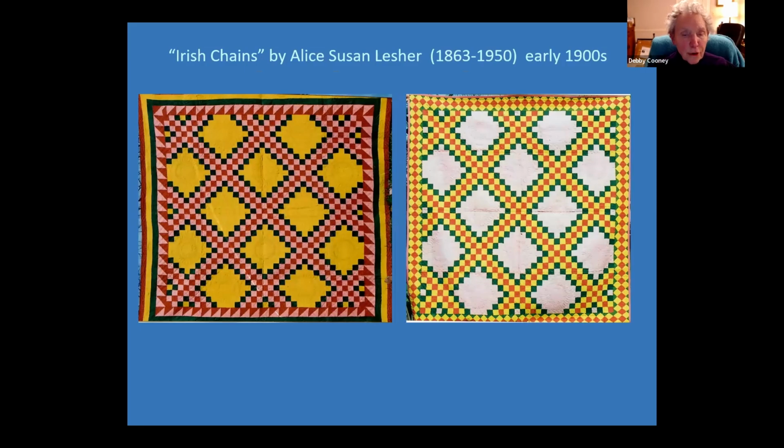There were 3 or 4 Irish chains that she made for other family members, cousins and all. And I saw this one later in an antique store, and I saw it later and later because it was there for at least 5 years, because I'm sure it was because of this screaming yellow that she used in this one. Most of her color choices are very bright, however, so eventually it found a buyer.